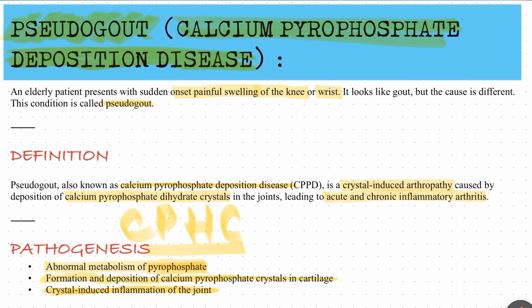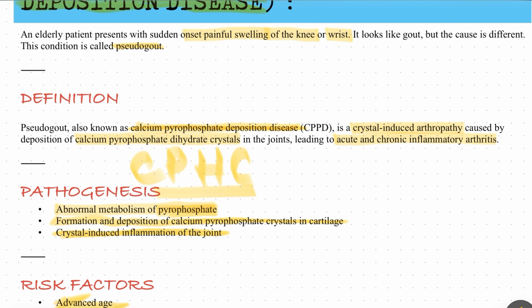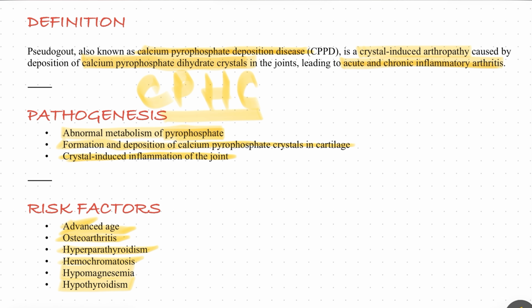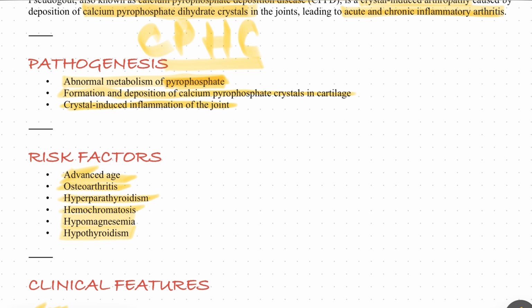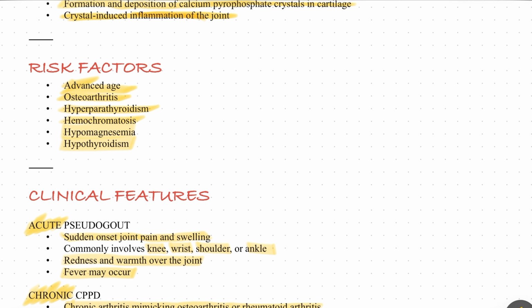Pseudogout is also called calcium pyrophosphate deposition disease, a crystal-induced arthropathy caused by deposition of calcium pyrophosphate dihydrate crystals. It's big, so at least remember calcium pyrophosphate crystals, leading to acute and chronic inflammatory arthritis. In pathogenesis, excess deposition leads to inflammation of the joints. Risk factors are completely different from gout, and you need to remember them separately.